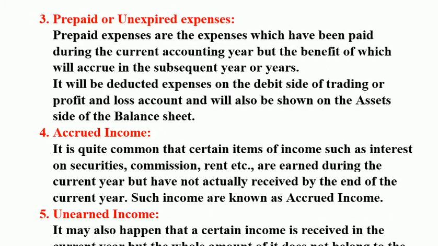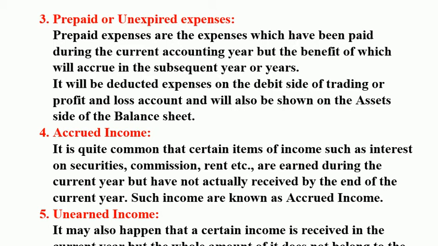And now let's proceed to the third one, that is prepaid or unexpired insurance expenses. As you know very well, prepaid expenses are the expenses which have been paid during the current accounting year, but the benefit of which will occur in the subsequent year or years. Like the expenses which we have paid in this current year, but which are not concerned with this current year itself.